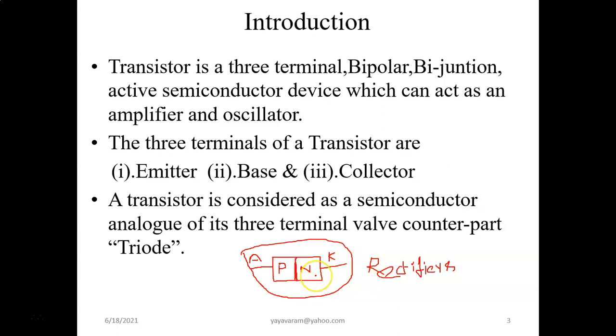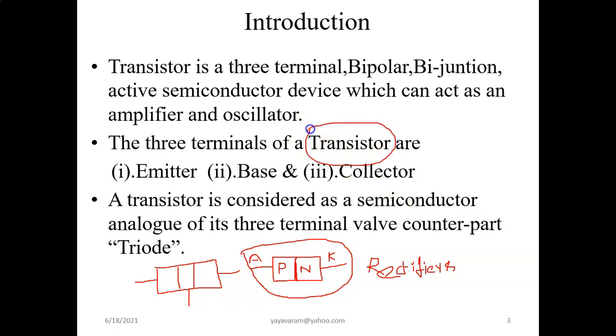Now what these people have done, they tried to add one more terminal to this. If you connect one more terminal to your two-terminal device, then it will become a three-terminal device. This three-terminal device has many applications and they have called this a transistor.